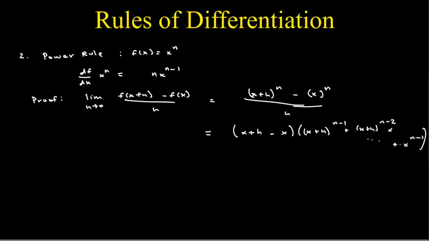Okay, so that's what our numerator will be if we factor this out. And our denominator is just h right here. Notice how here we have x plus h minus x, so the x's cancel out, we will have h left, and that whole thing cancels out.